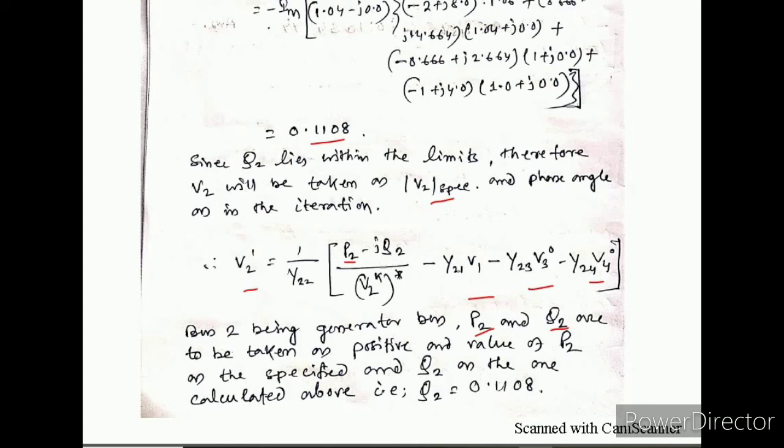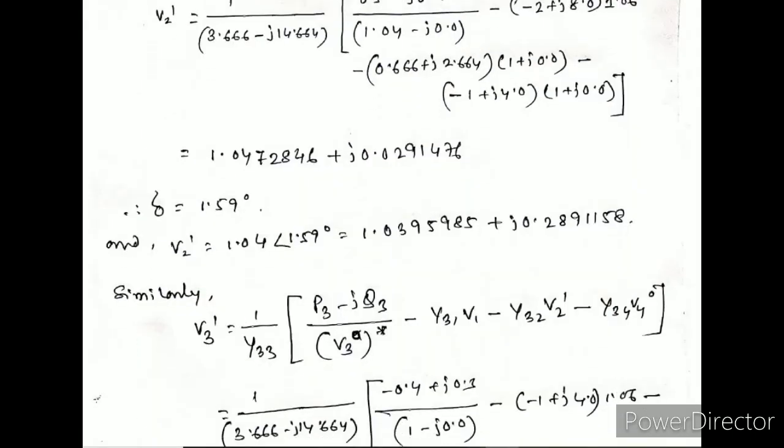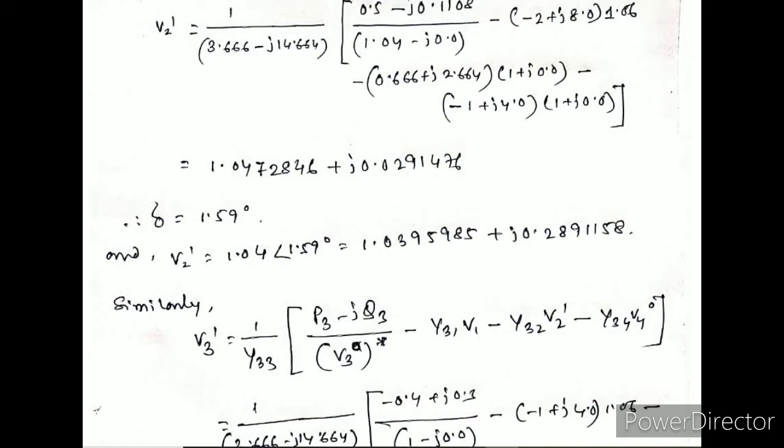So after putting all these values, and if we calculate further as per the previous numerical, we will get v2 to the power 1 as 1.047284 plus j0.029476.